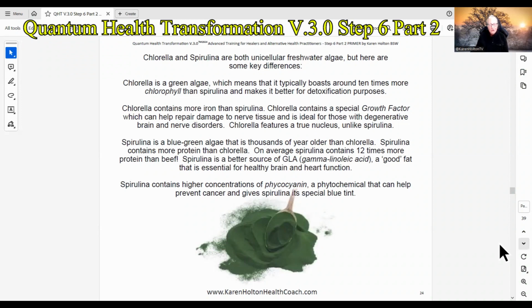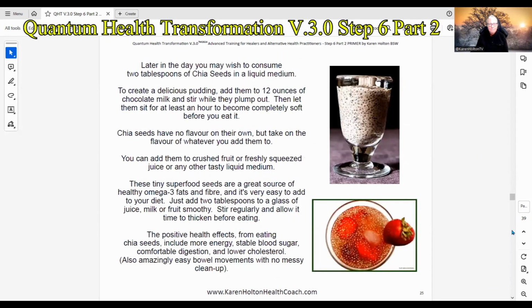Spirulina contains higher concentrations of phycocyanin, a phytochemical that can help prevent cancer and give spirulina its special blue tint.